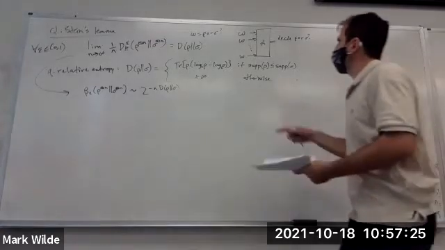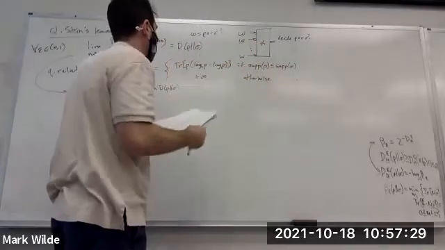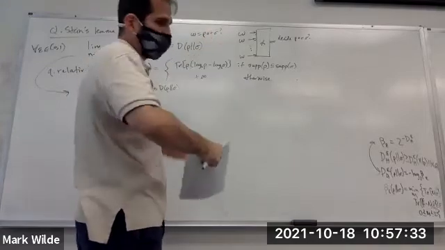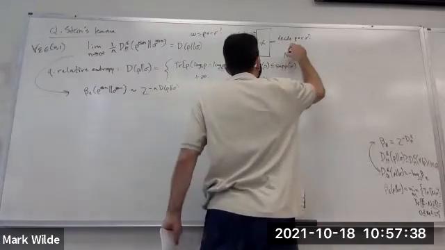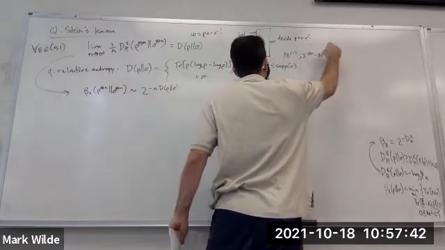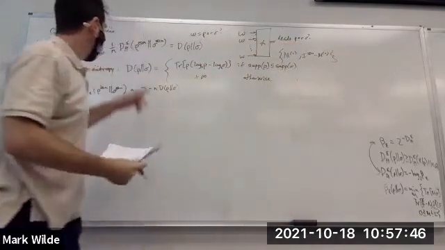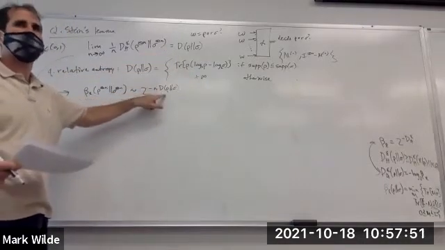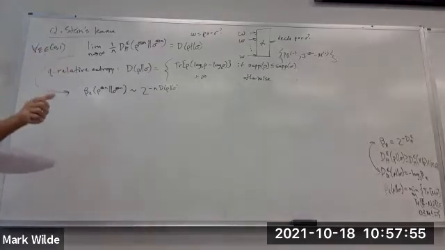One is that in the limit of large n, there exists a sequence of measurement operators, call them Mn and identity tensor n minus Mn. So there exists some measurement that can achieve this as the error exponent, that makes the type 2 error probability decay at this rate. So that's one part of it.